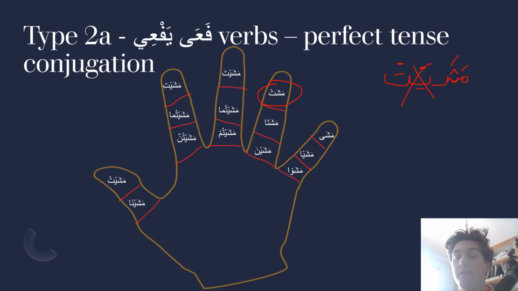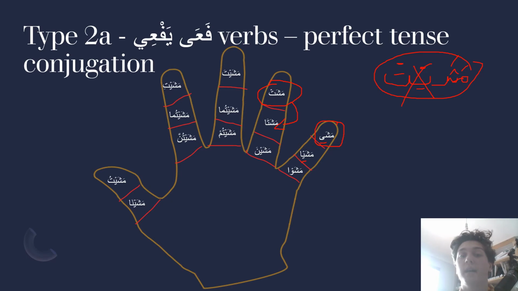Now the only form which is not suffixed in the perfect tense is the third person masculine singular, and that's where we have the alif maksura. In every other form you can see that the ya is present except for this spelling rule, and this spelling rule also translates to the feminine third person dual here.